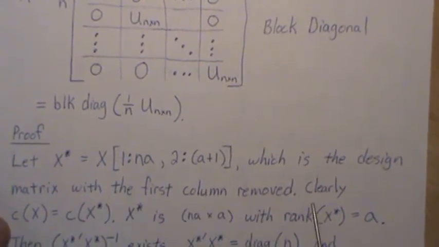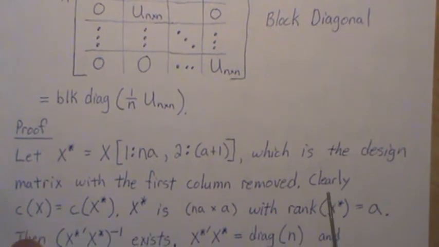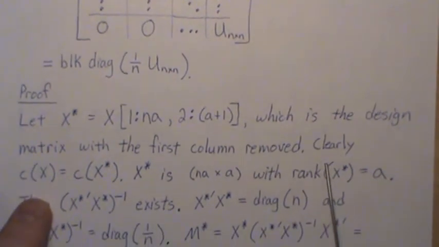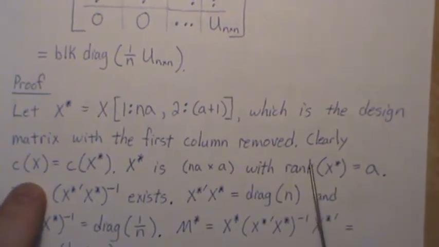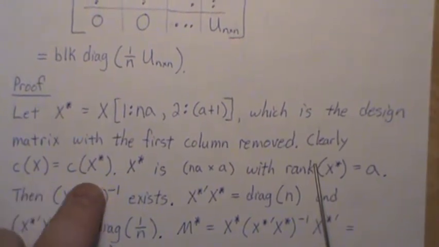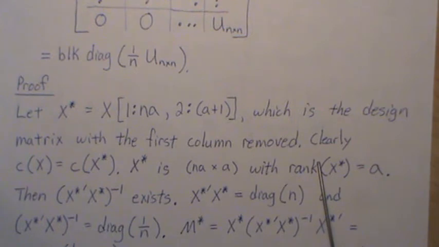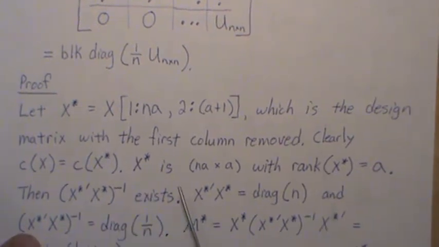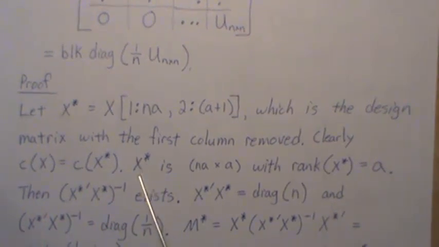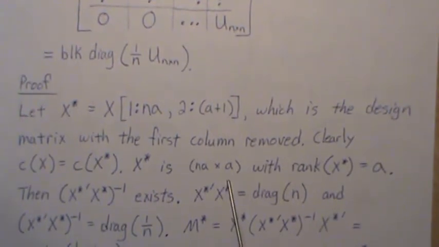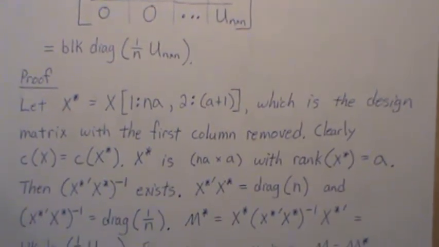So the first column's removed. And as I mentioned earlier, the column space of X and X star are going to be the same, because that column of 1s was really a dependent column. So X star is NA by A, and it has a rank of A, so it's full column rank.